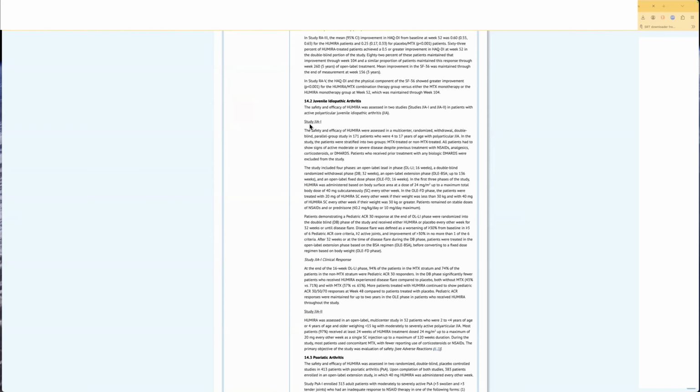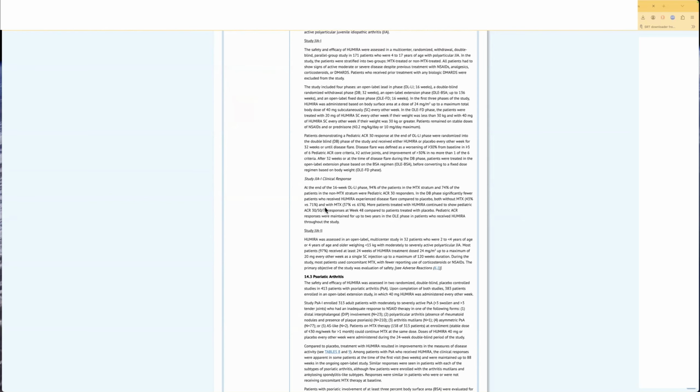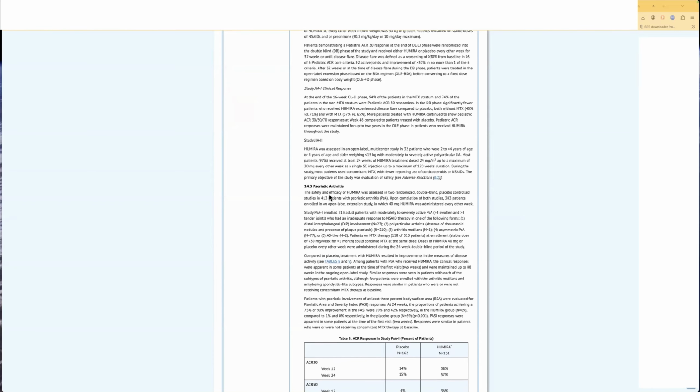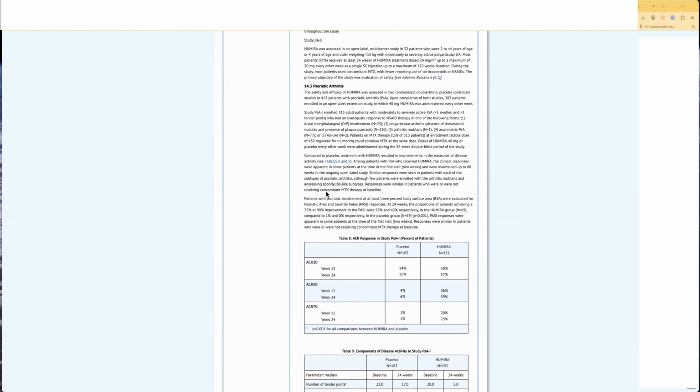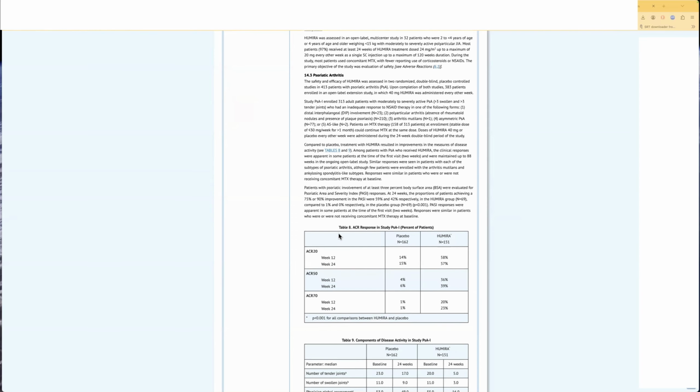So you can see you have study JIA1, and you have other studies, for example, psoriatic arthritis. And here again, we are having different results of the studies.